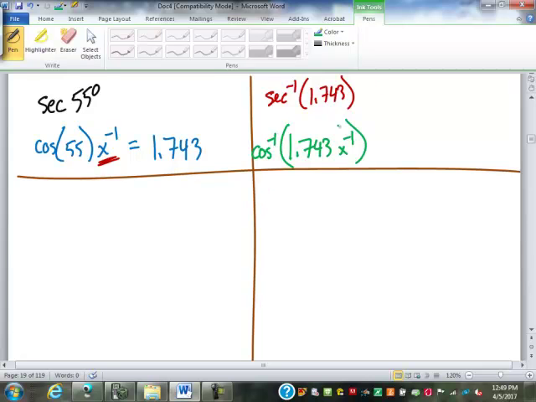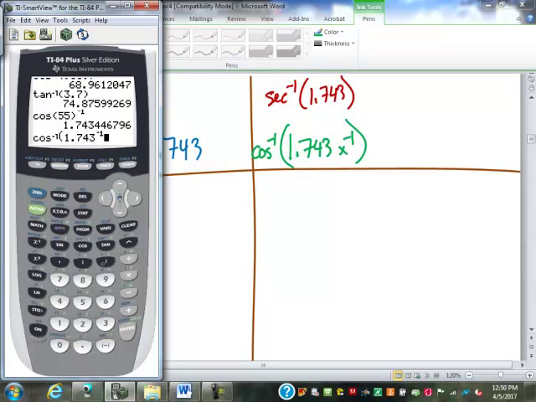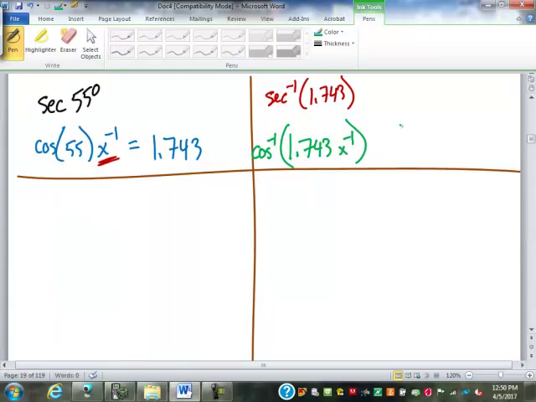So the way you would enter it is: on the button, you hit inverse cosine, type in the 1.743, but this time you hit the x -1 before you close the parentheses. Then hit enter. It gives you 54.99 degrees. So it's not exact. We started out at 55 degrees. That's just our round off errors.